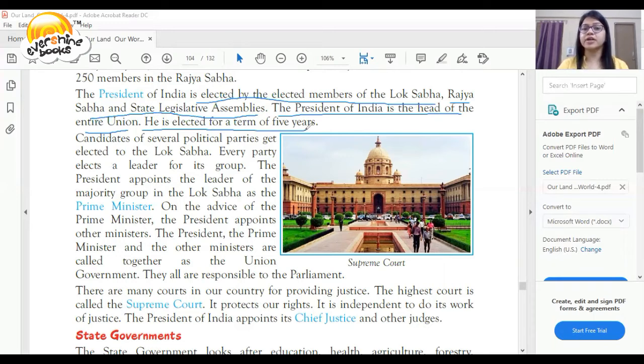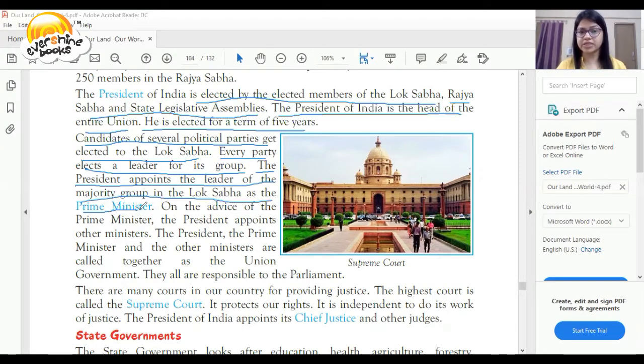What is the tenure of the president? So, the tenure of the president is 5 years. Candidates of several political parties get elected to the Lok Sabha. Every party elects a leader for its group. The president appoints the leader of the majority group in the Lok Sabha as the Prime Minister.